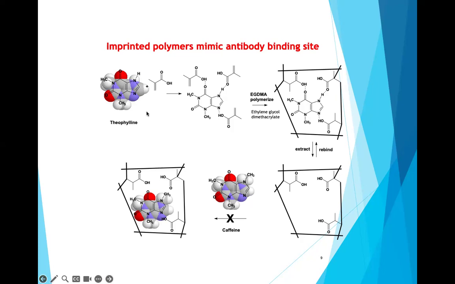So instead of using an antibody to capture theophylline, we are using a polymer to capture theophylline.